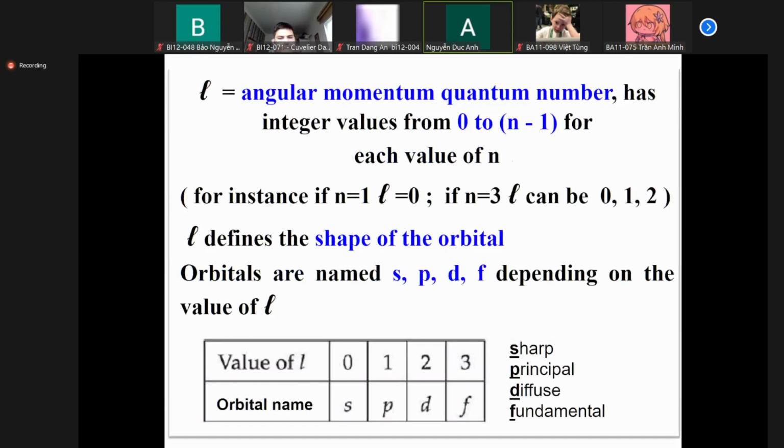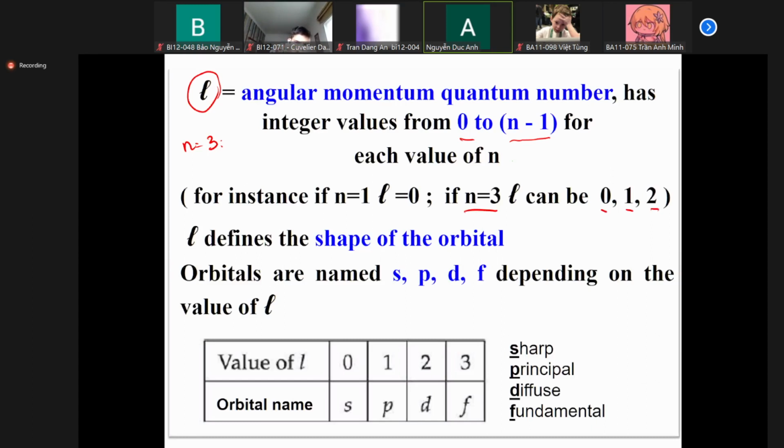The second one is l, the angular momentum quantum number, or sometimes we call this one the azimuthal quantum number. It has integer values from 0 to n-1. So it means that if you have n equal to 3, for example, the value of l will be 0, 1, 2.